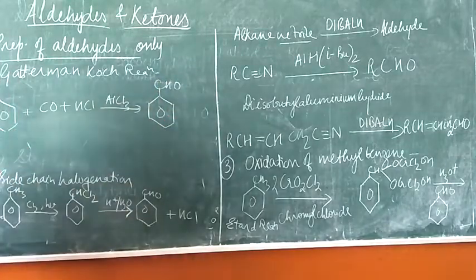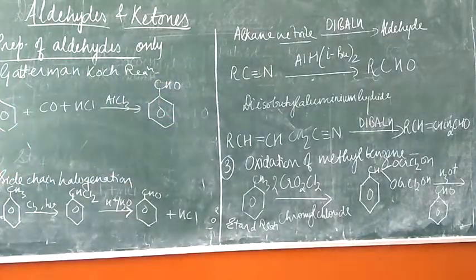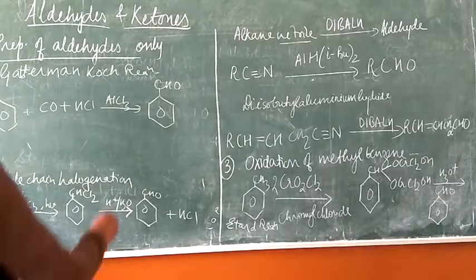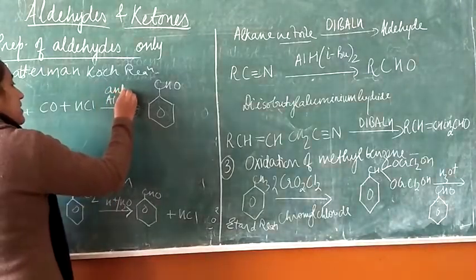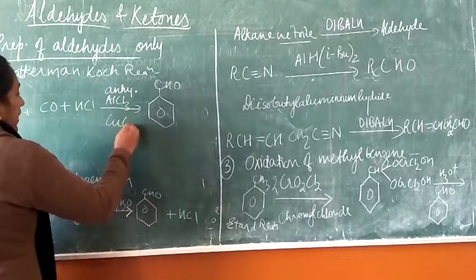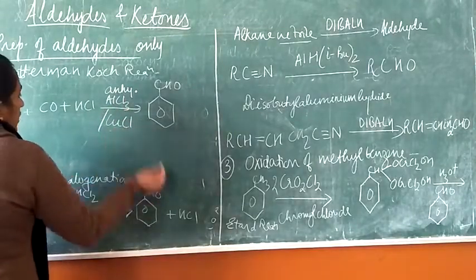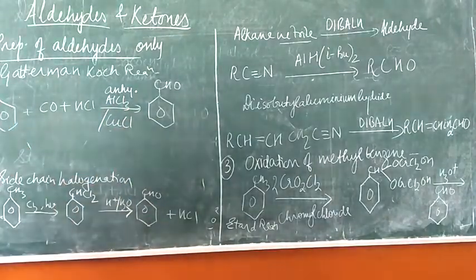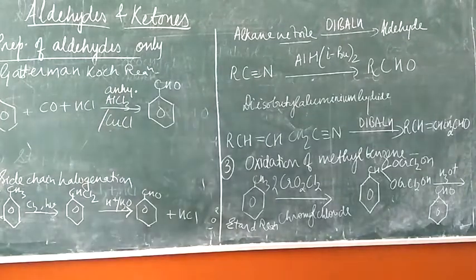So these, students, are the preparations of aldehydes. Here it is anhydrous aluminum chloride, and in place of anhydrous aluminum chloride you can also use cuprous chloride. This is the benzaldehyde which is formed from the Gattermann-Koch reaction.